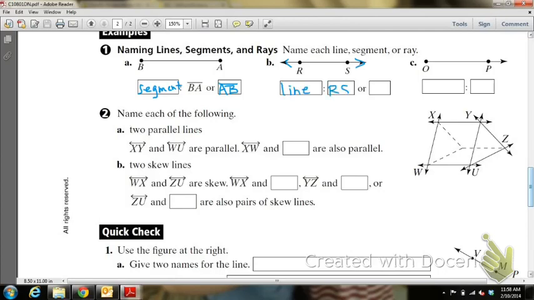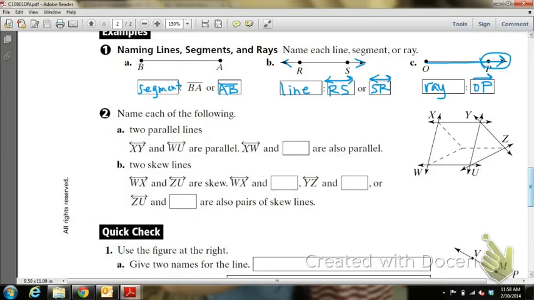And I can call it RS with a double arrow over it, or I could call it SR also with a double arrow. It doesn't matter. Now the last one is an arrow on one side, so that's a ray. And I would call that OP, and just make sure you put the arrow going over the P, because that's where the arrow is in the picture.